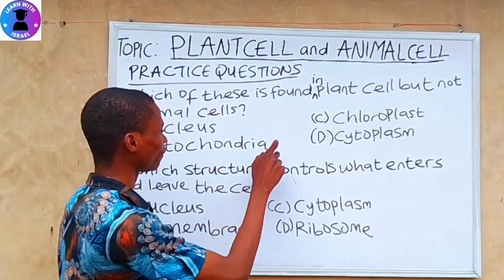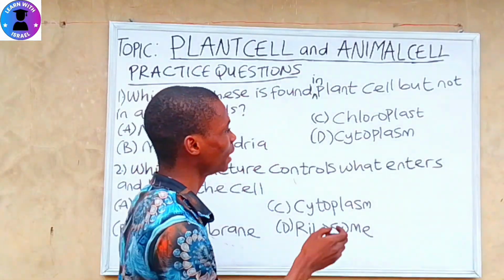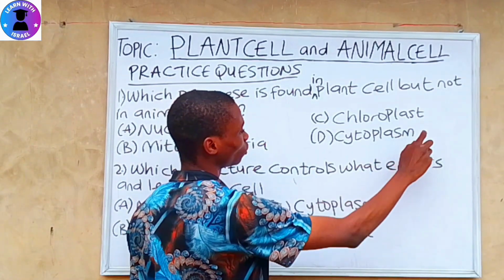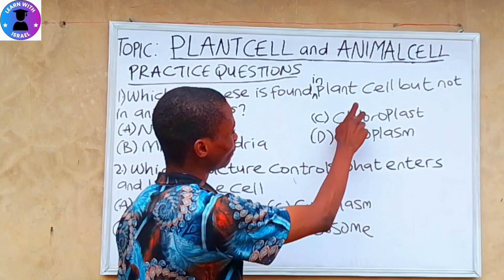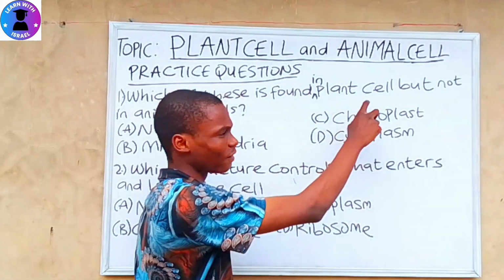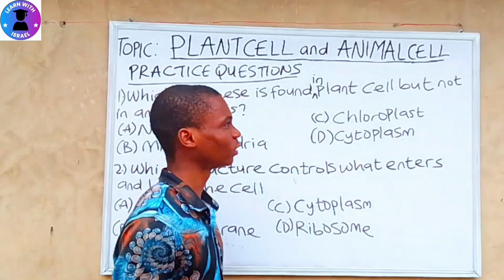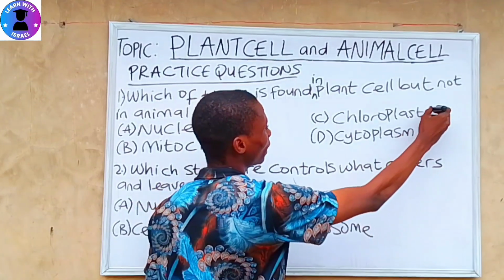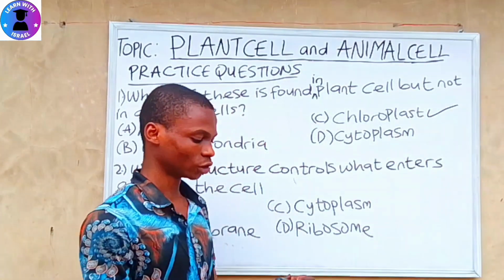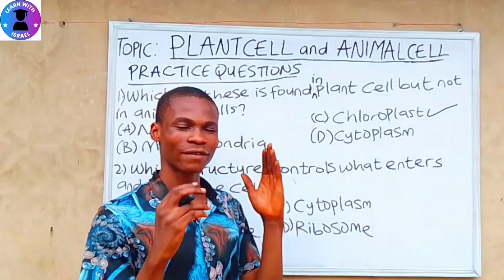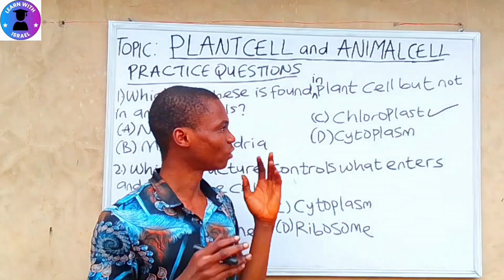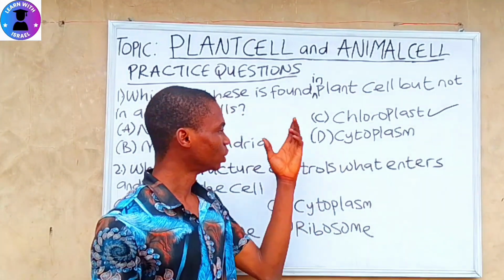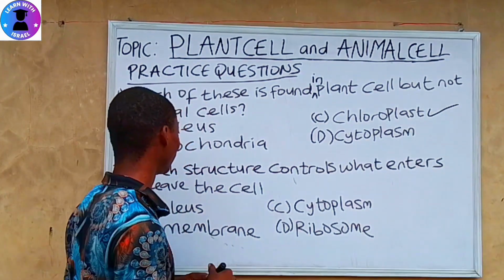In plant and animal cell, we can find the mitochondria, as I explained earlier. In plant and animal cell, we can find the cytoplasm. But we can only find chloroplast in the plant cell, not in animal cell. So chloroplast is the correct answer. This question is very simple. If you are very attentive during my teaching, you should be able to answer this question correctly.